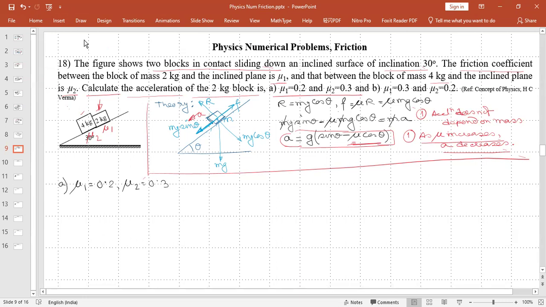If mu2 is higher, then its acceleration is less. And for the 2 kg body, mu1 is smaller, so acceleration will be more. So this 2 kg body will try to slip faster than the 4 kg body.